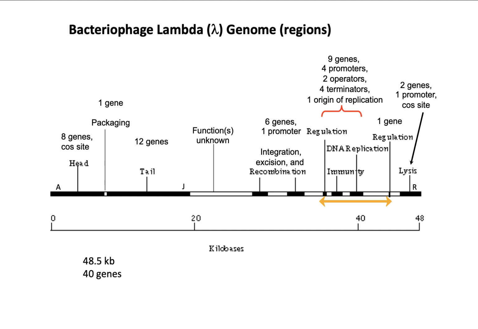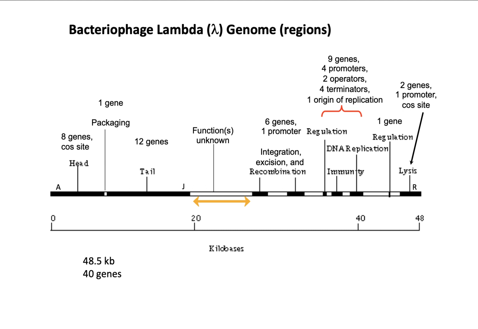And then in the middle, you have a control region consisting of 9 genes, which also includes 4 promoters, 2 operators, 4 terminators, and 1 origin of replication. And then a couple of genes over here for integration, excision, and recombination.